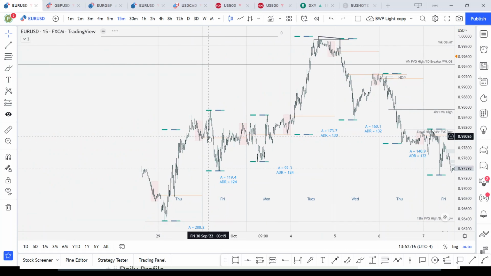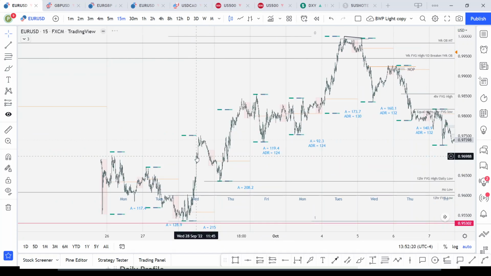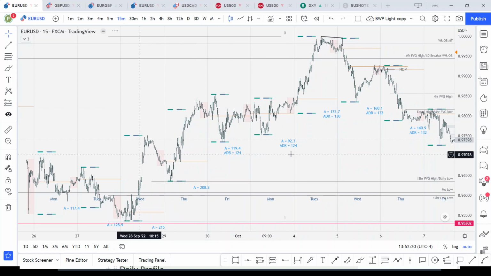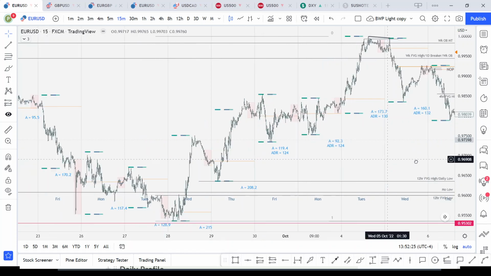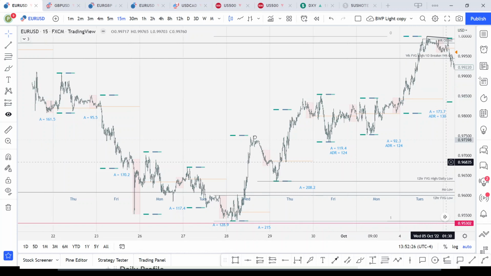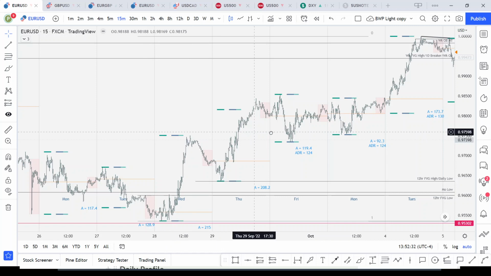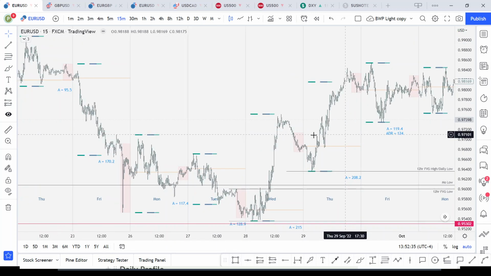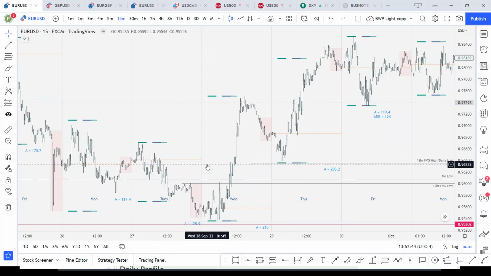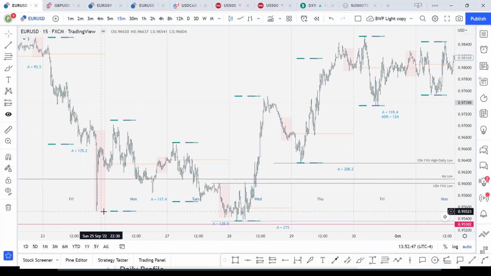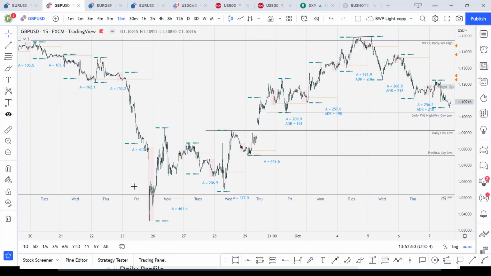So we can see that EU made a lower low while GU made a higher low.